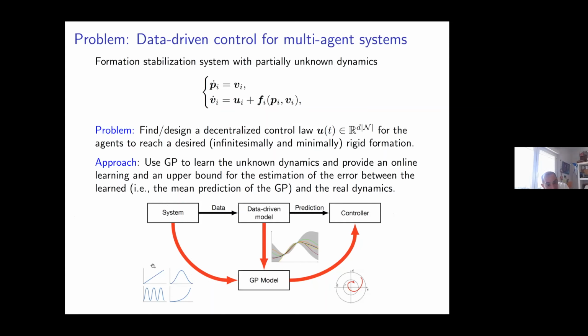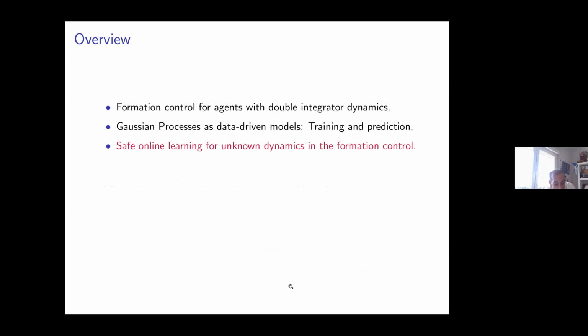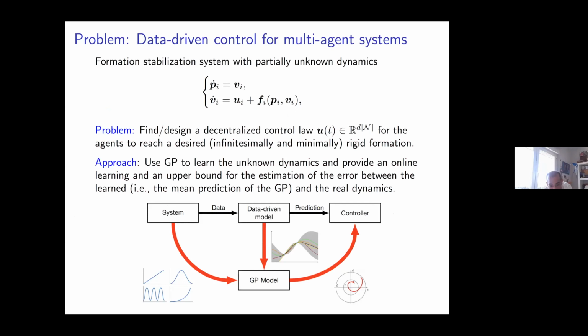This a priori information together with the data helps to construct a GP model. Then we can make the prediction by using this improved GP model, not only with data but recollecting data over time, to design a controller that exponentially reaches the desired formation.